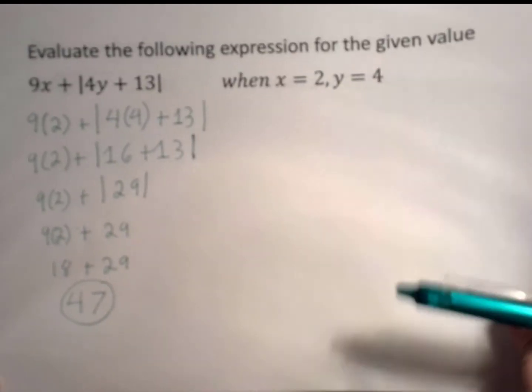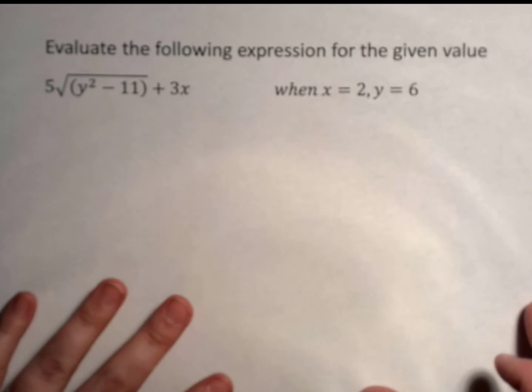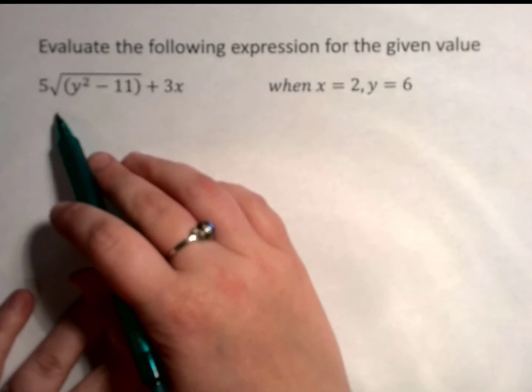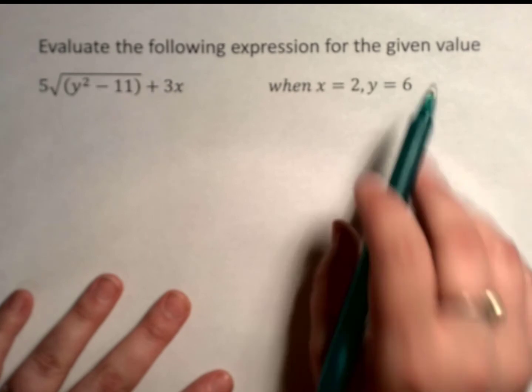All right, we're going to look at one more in our recap of evaluating expressions. Okay, again, I'm given an expression and x and y. I'm going to plug in for that information.